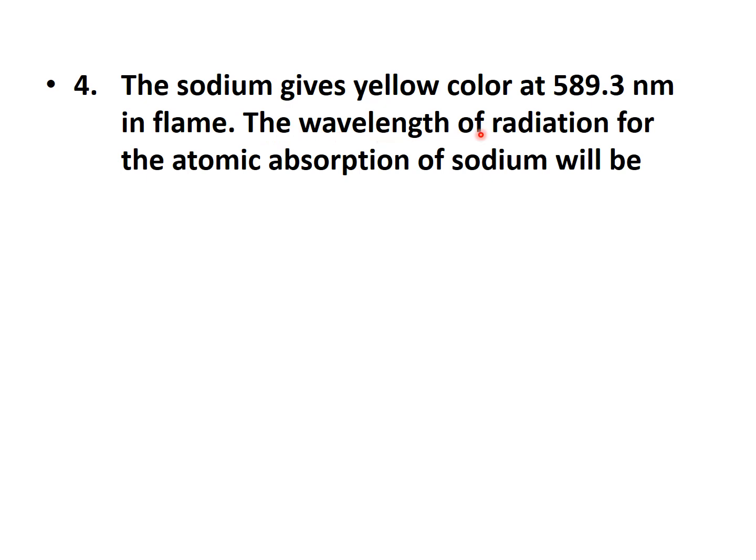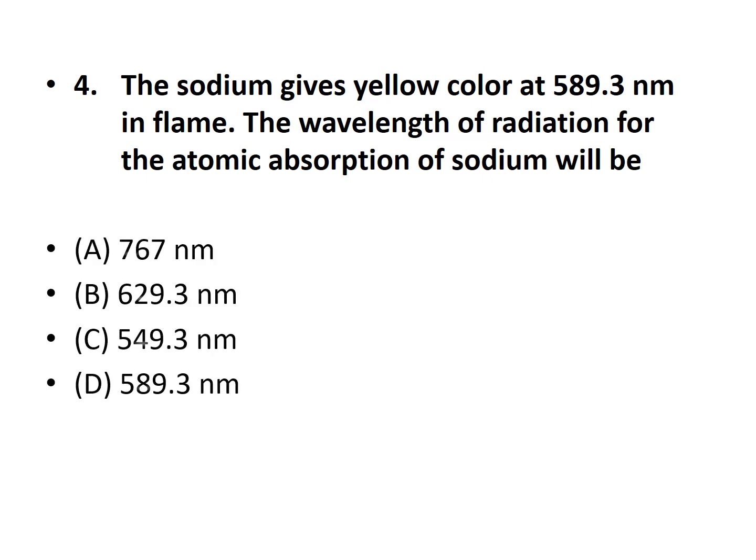The wavelength of radiation for the atomic absorption of sodium will be, if we take the absorption spectra for sodium, at what position will the line be obtained? I know you all know. So let's see the options. A is 767 nanometer, B is 629.3 nanometer, C is 549.3 nanometer, and D is 589.3 nanometer.